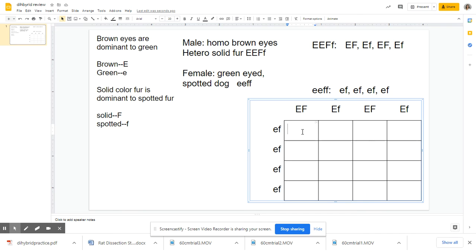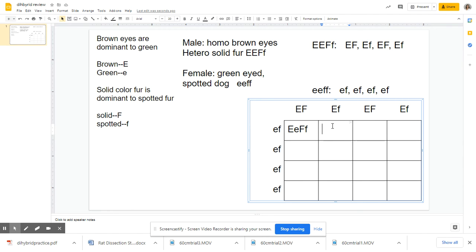So what we're going to put in here is we're going to combine. We have here and here a capital E and a lowercase e, and here we have a capital F and a lowercase f. Notice I normally put the capital letters first, and that's because we are accustomed to reading and writing with capital letters coming first, and so that's technically the correct way to write it.